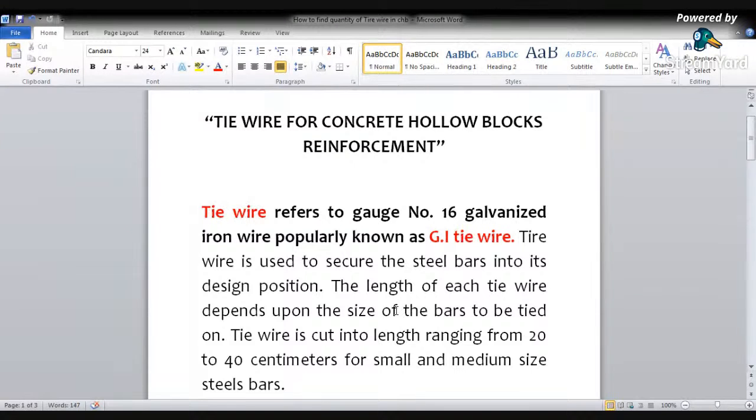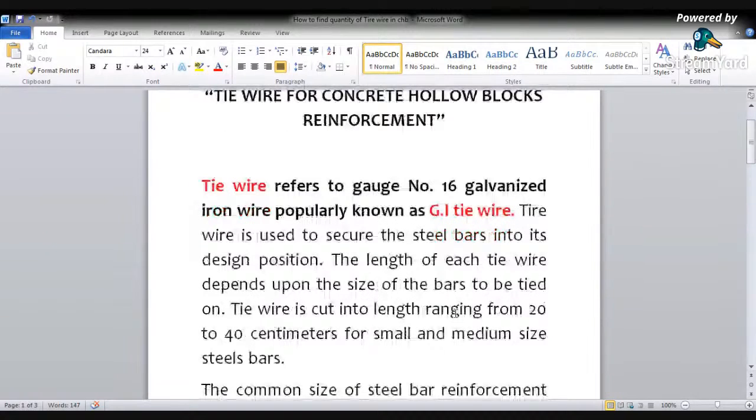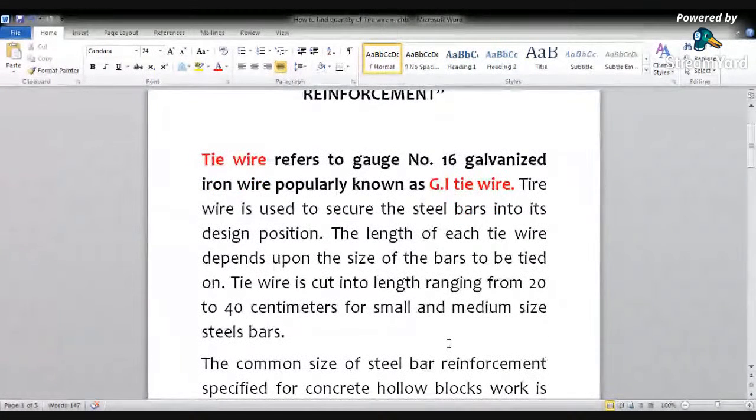So, the length of the tie wire depends upon the size of the bars to be tied. Tie wire is cut into lengths ranging from 20 to 40 centimeters for small and medium-sized steel bars.